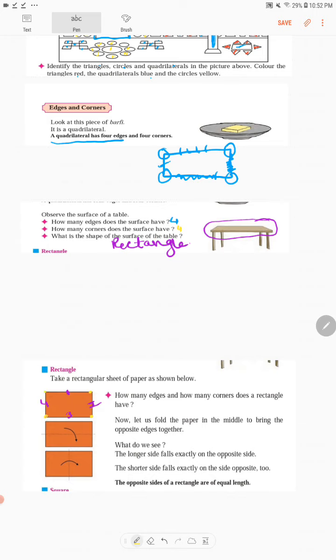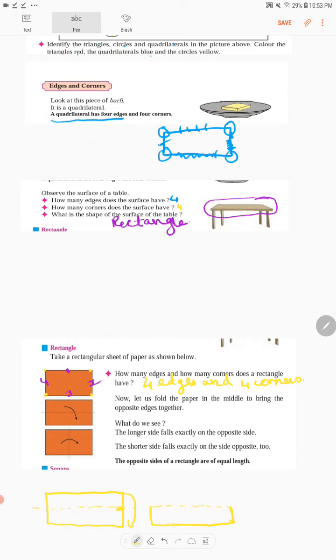I am going to fold it over here and it will overlap each other. When it overlaps, these both sides are totally equal. These are opposite sides, this side will come here and it will be equal.